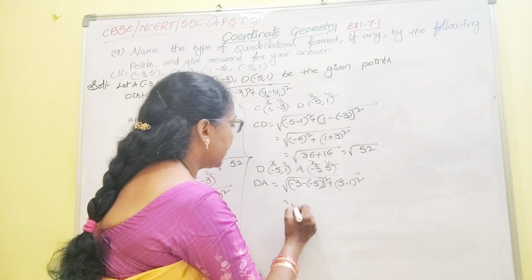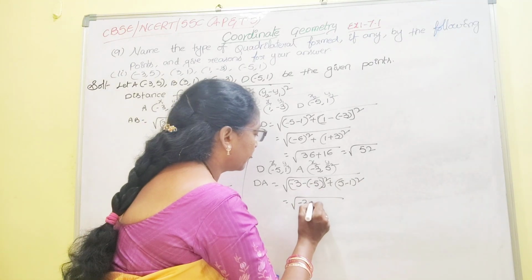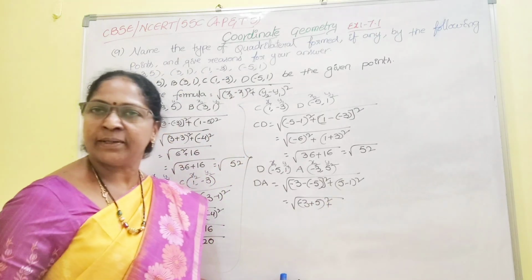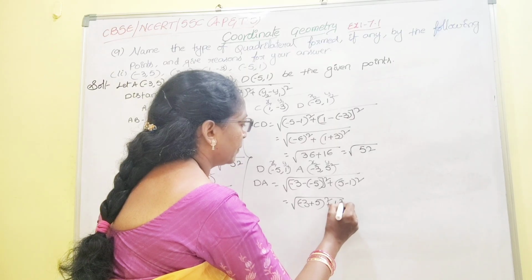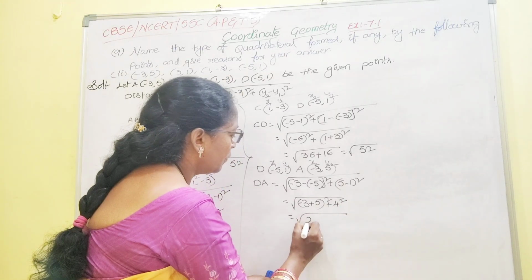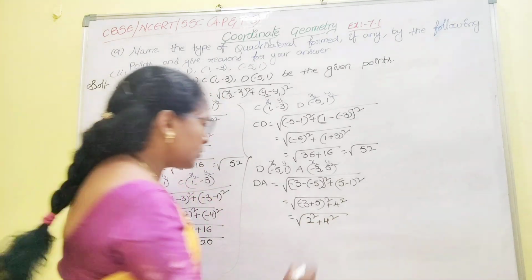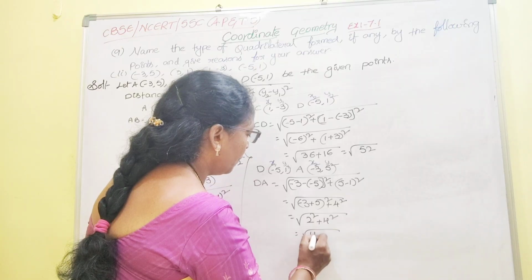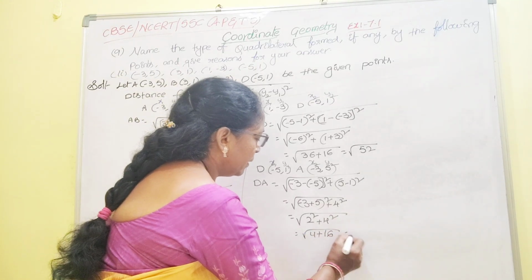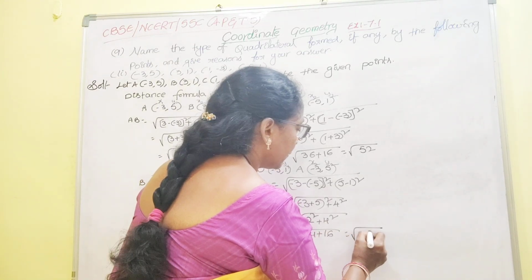First represent x1, y1, x2, y2, then substitute the values, where x2 is minus 3 and x1 is minus 5. So minus 3 plus 5 is 2, and 5 minus 1 is 4. Two square is 4, plus 4 square is 16. Square root of 4 plus 16 equals square root of 20.